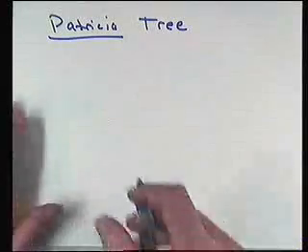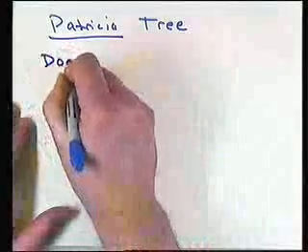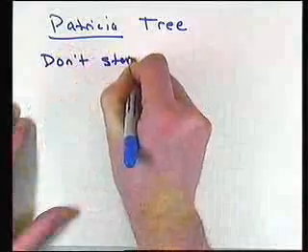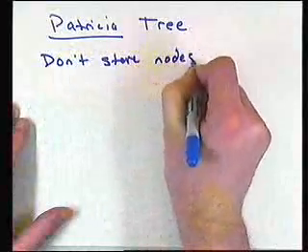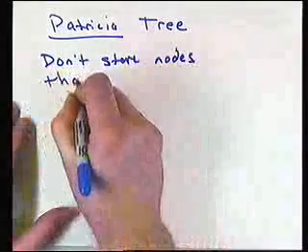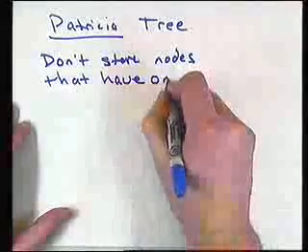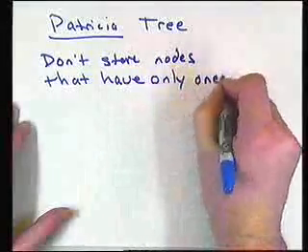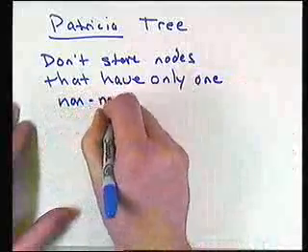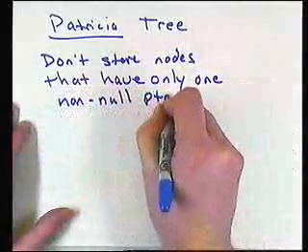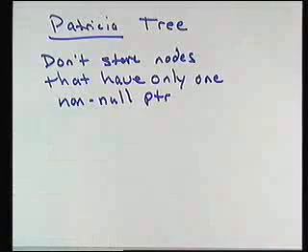The concept here will be: don't store nodes that have only one non-null pointer. We don't want to store nodes that have only one non-null pointer.